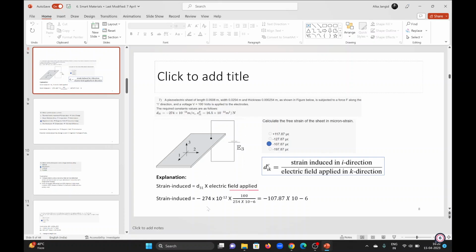Here it is given as minus, so put minus as well. After solving we get 107.87 times 10 to the power minus 6. Since microstrain was asked, you have to remove the 10 to the power minus 6 part. So minus 107.87 will be your answer.